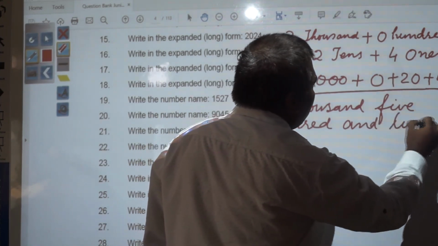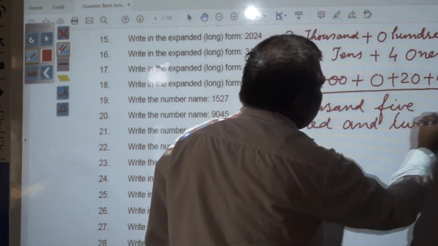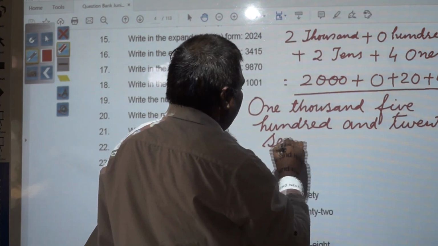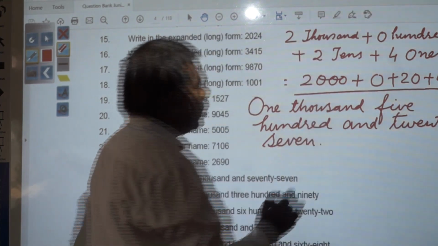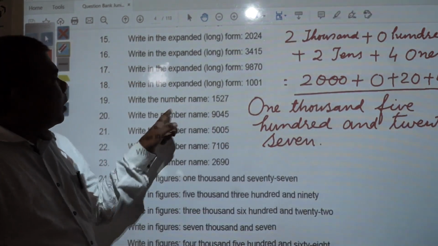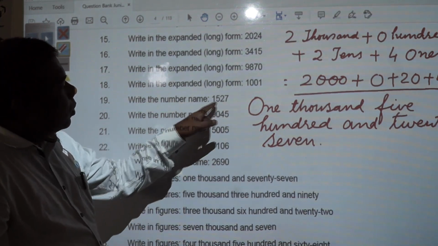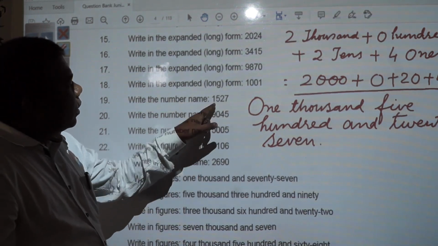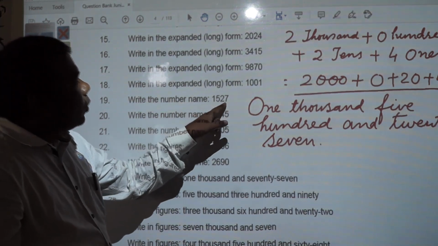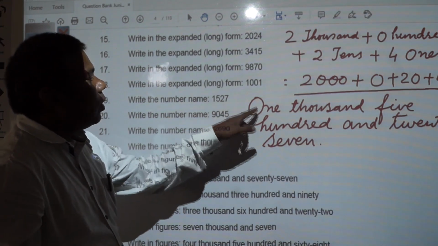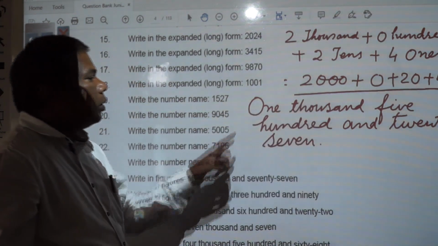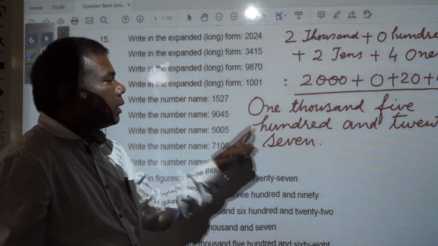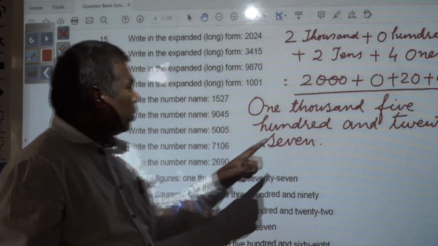And 27. So in this way you will write the number name. As 1527 we read, in the same way we need to write also. So be careful with spellings and writing as well.